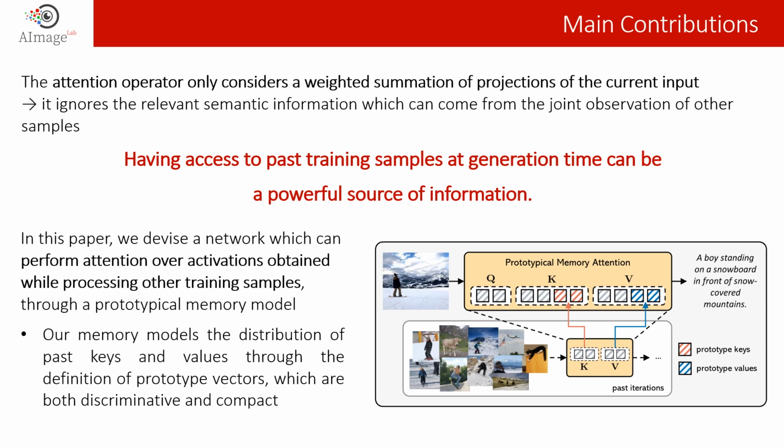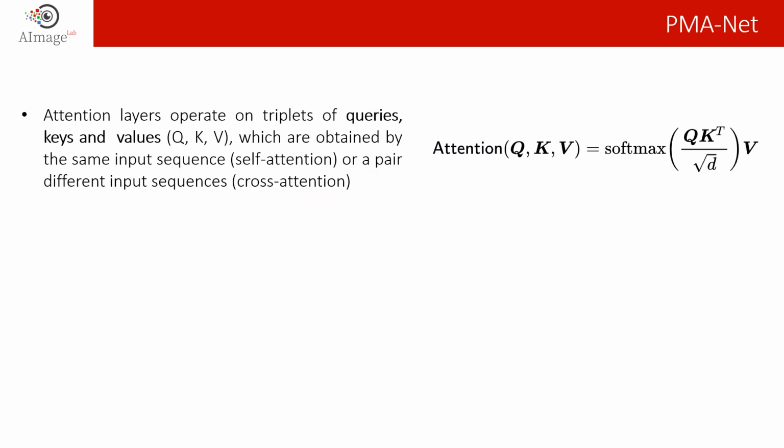Our memory models the distribution of past keys and values through the definition of prototype vectors. Attention layers operate on queries, keys, and values, which are obtained from the same input sequence if we are talking about self-attention, or a pair of different input sequences if we're talking about cross-attention.